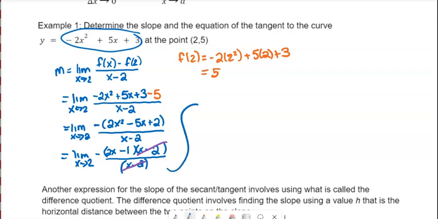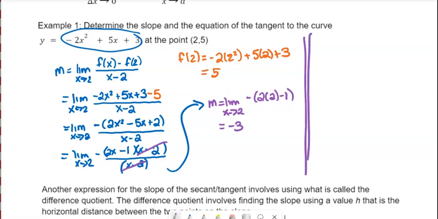After I do that, now I can just plug in the value of 2 as x approaches 2 into my equation. And there's no denominator anymore. And so I'm going to get the slope of negative 3. After I've done that, I want to find the equation of that tangent.